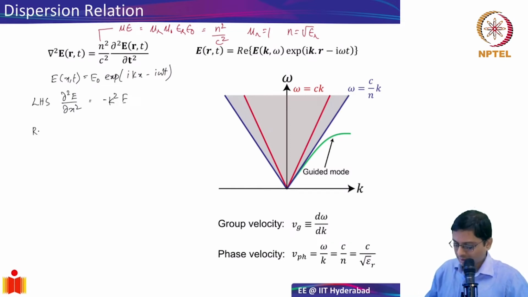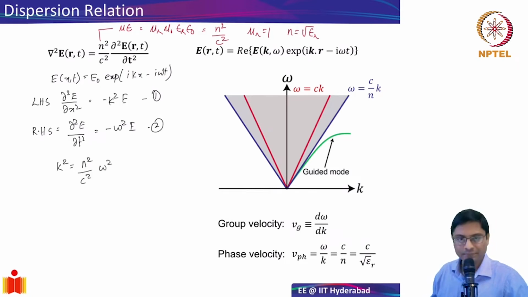And similarly, the RHS, if I take the second derivative, del square E by del t square, is going to be minus omega square E, of course with a constant term. So if I call these 1 and 2 and combine them, I end up getting k square equal to n square by c square omega square. This is a very important relationship that tells us quite a bit.